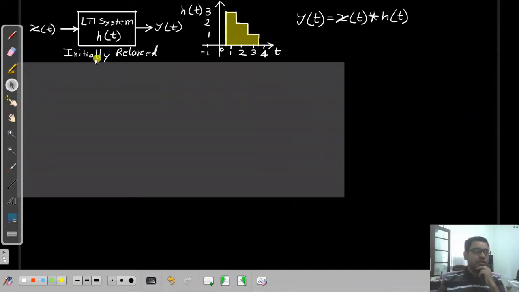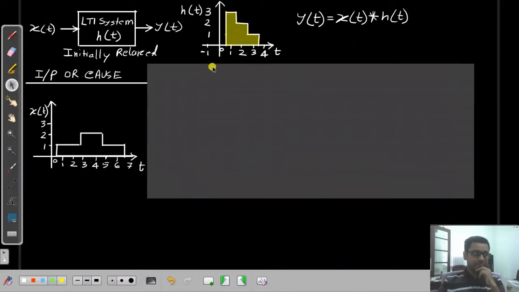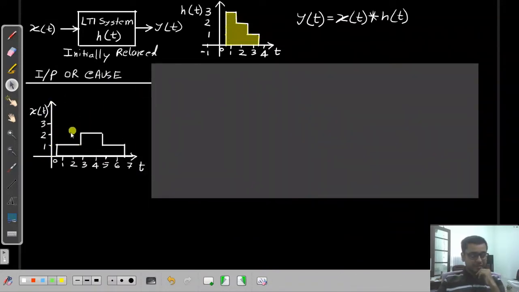Now suppose some arbitrary input is applied to this system, which looks like this. It is initially lower, then it increases, then it decreases, and finally becomes 0. Once again, for ease of demonstration, I have taken it to be piecewise constant, but it could be any continuous arbitrary input function in principle.